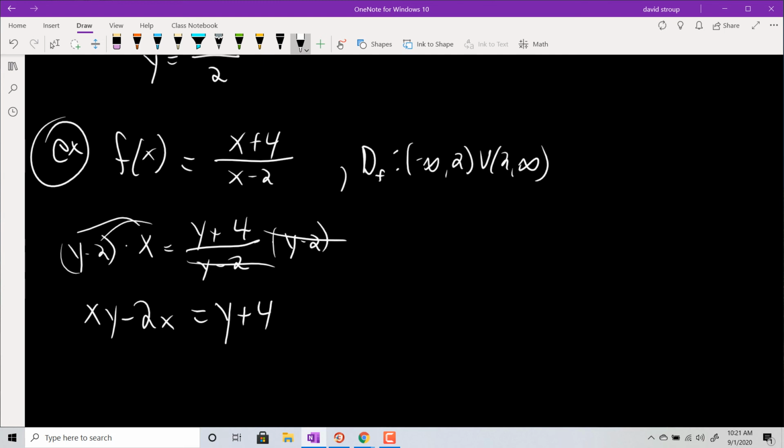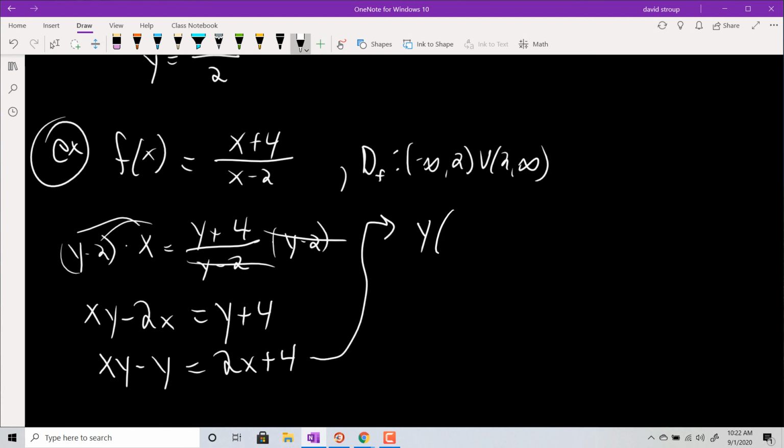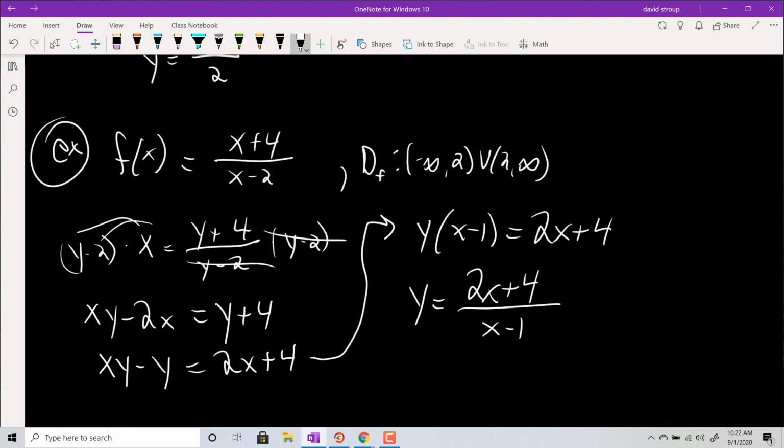I want to collect all the y's on one side, so I'll have xy minus y equals 2x plus 4. Then I can factor out a y, so I have y times (x minus 1) equals 2x plus 4. Then divide by x minus 1, so y equals (2x plus 4) divided by (x minus 1).